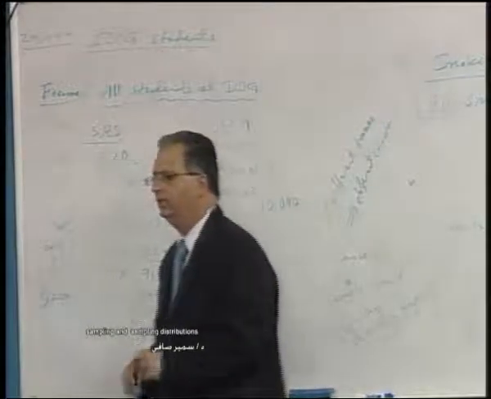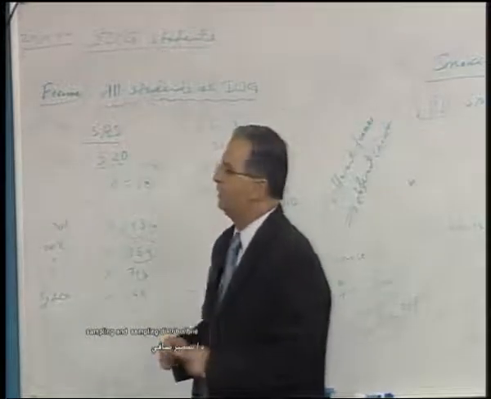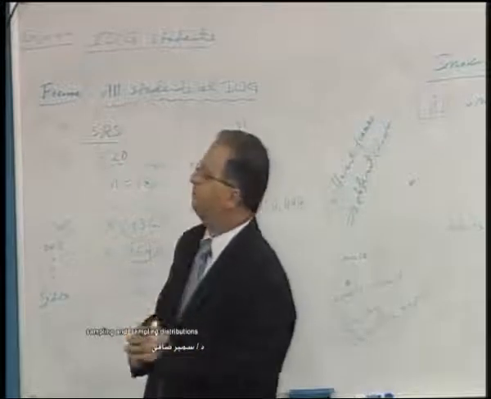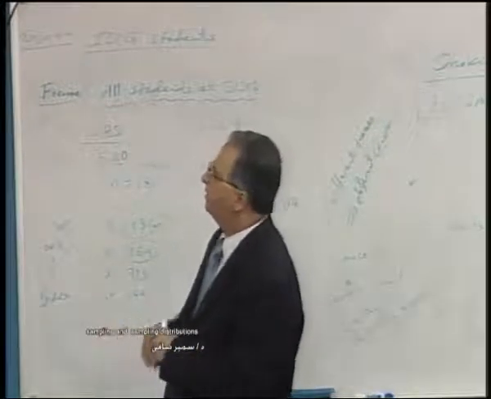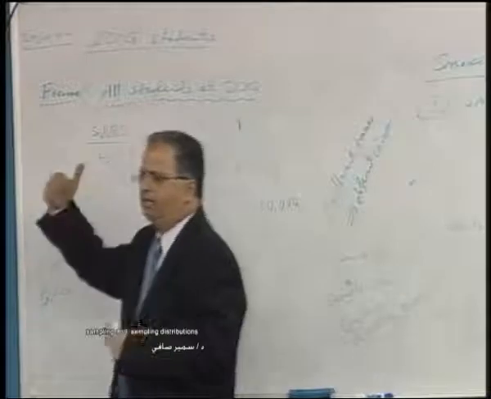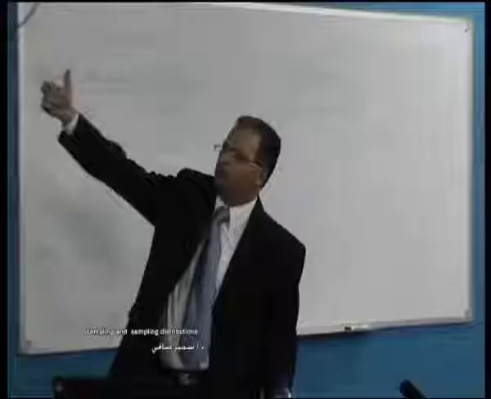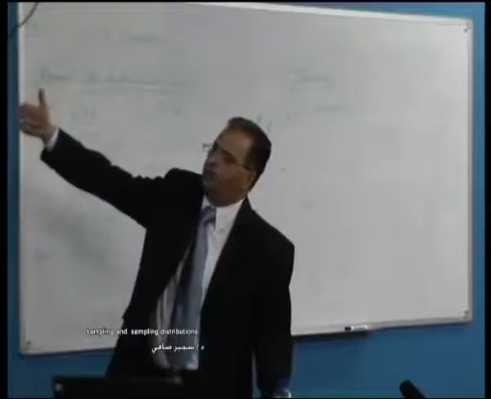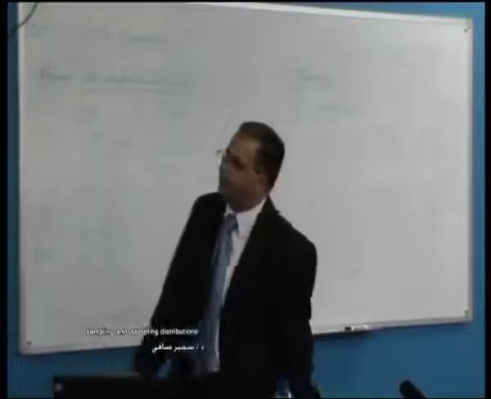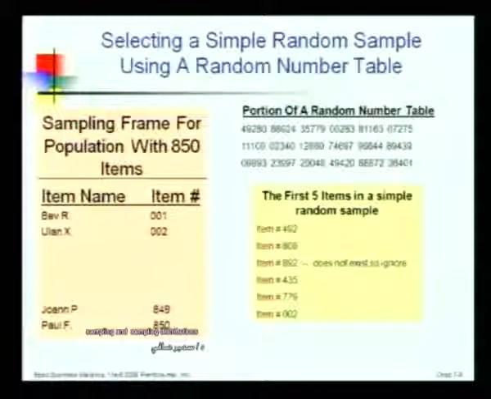Another example here. Now suppose my sampling frame for the population has 850 students. So the numbers are 001, 002, all the way up to 850. And suppose we are going to select 5 items randomly from the population.